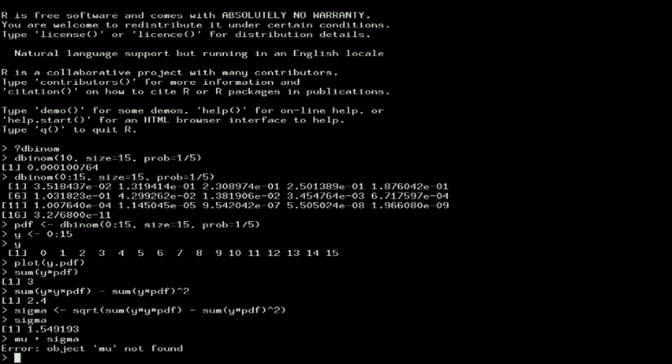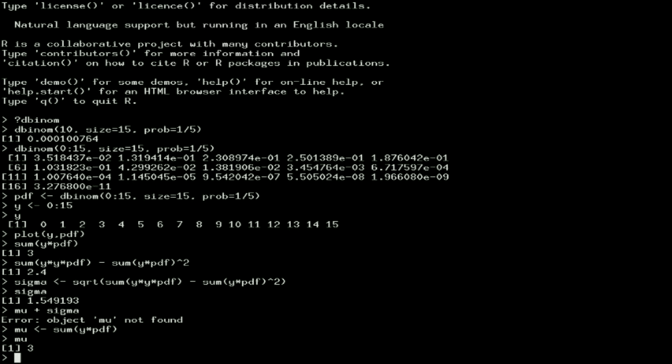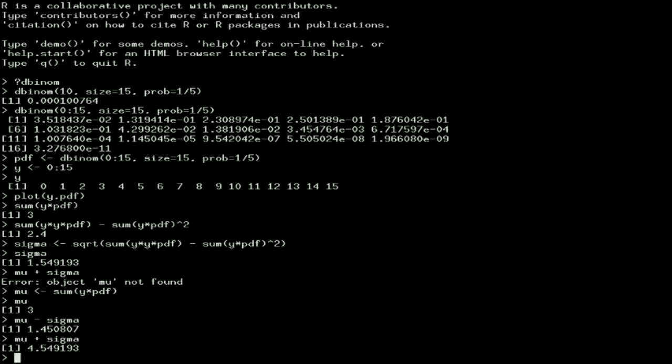So we know that between one standard deviation above and below the mean, we're usually going to get about 68% of our data. So let's calculate what mu is. We'll save that as a value. We know that was 3. Yep. And so mu plus sigma and mu minus sigma is going to be about 1.45 questions and about 4.5 questions.